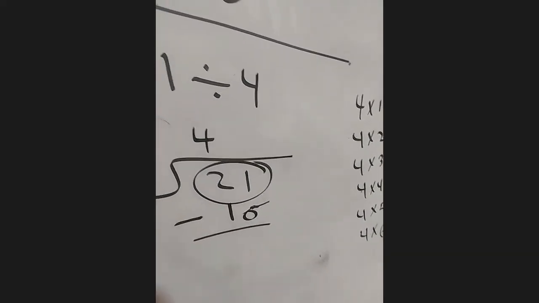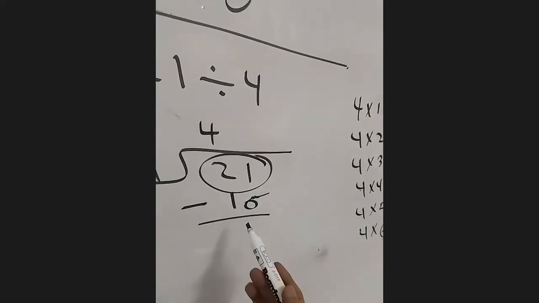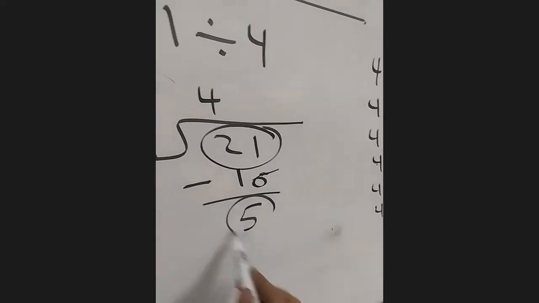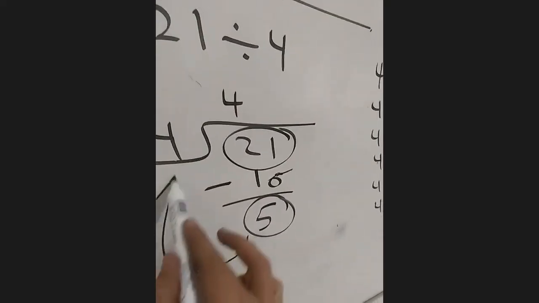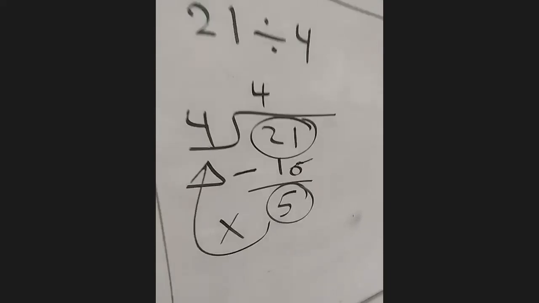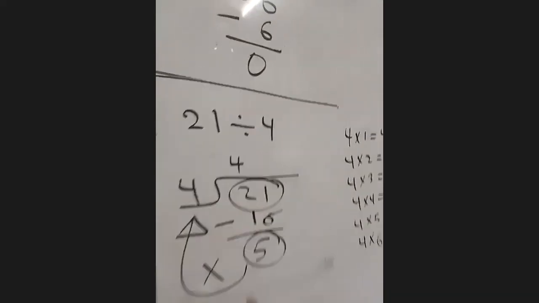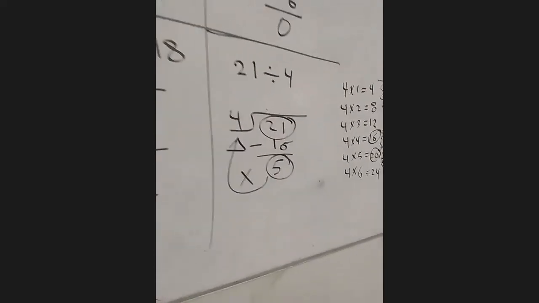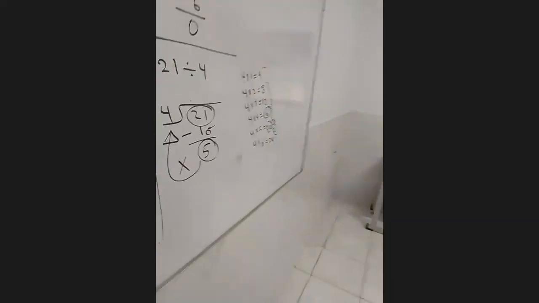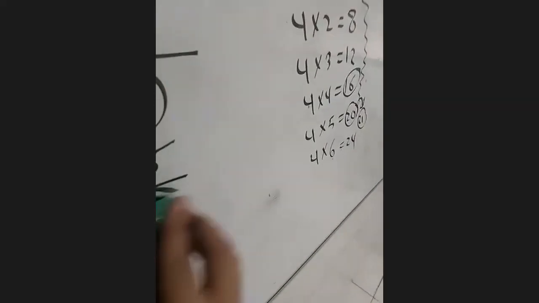If you subtract 21 minus 16, it is 5. 5 is bigger than 4. This is wrong. It can't be. After we make the subtraction, the answer should be less than the divisor.